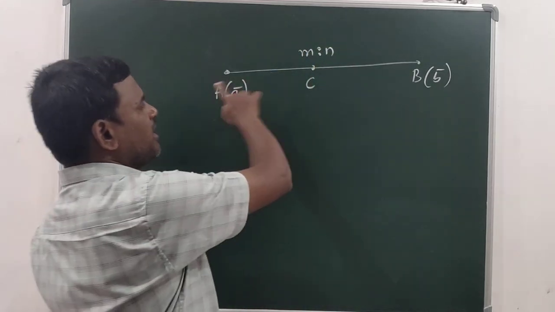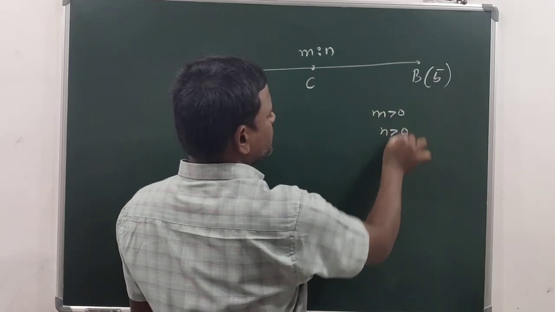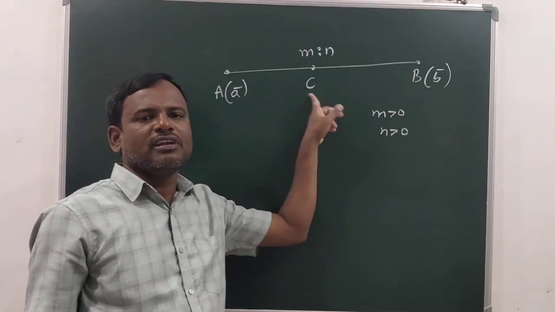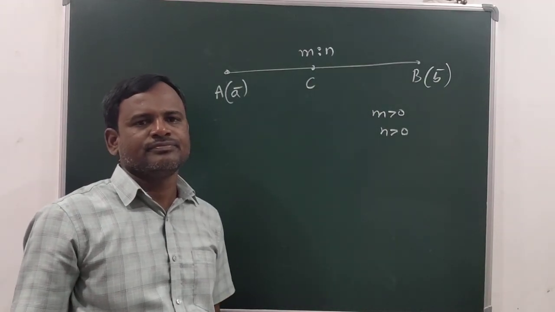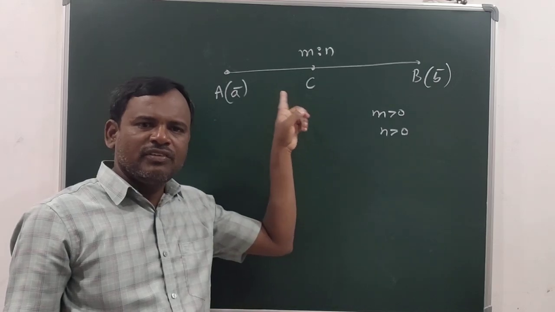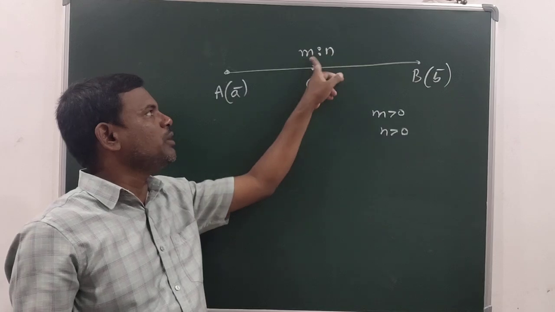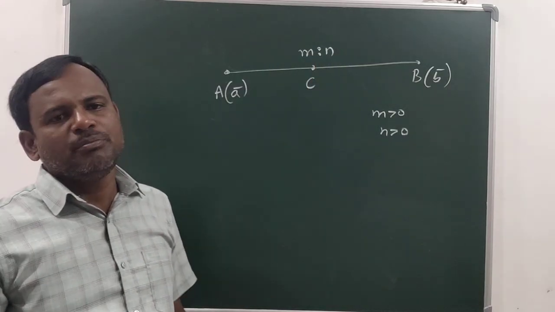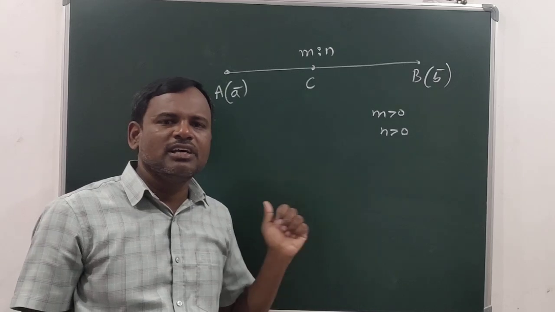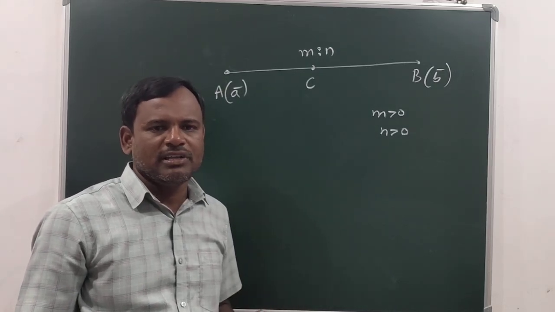C is inside AB, hence m is positive and n is positive. Now I am asking you to find the position vector of C which divides the position vectors of A and B in the ratio m is to n. Simply you have to apply the section formula which you learnt in the introduction of two-dimensional geometry.